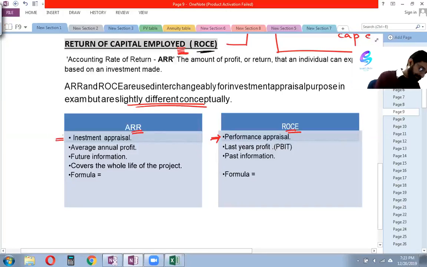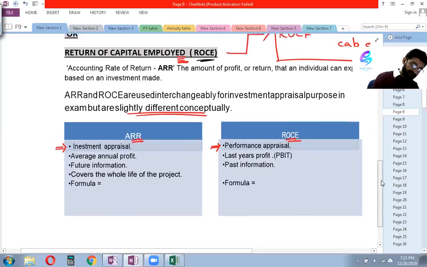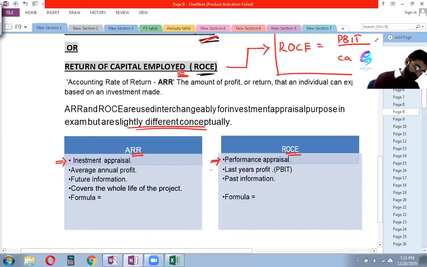Investment appraisal is for the future, and that's why we use ARR. For return on capital employed, as I have mentioned, we use last year's PBIT, last year's profit before interest and tax, or some people like to call it EBIT, earnings before interest and tax.